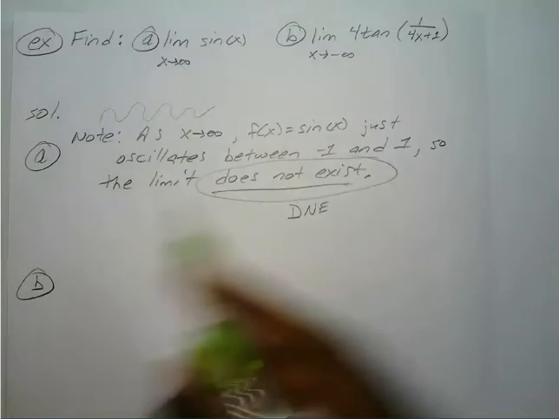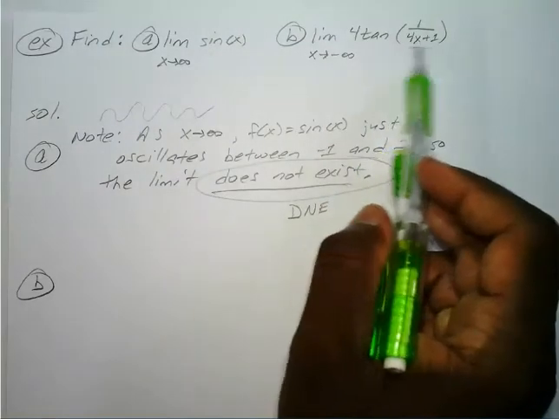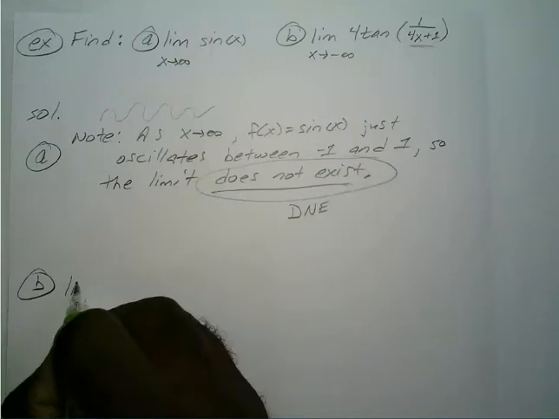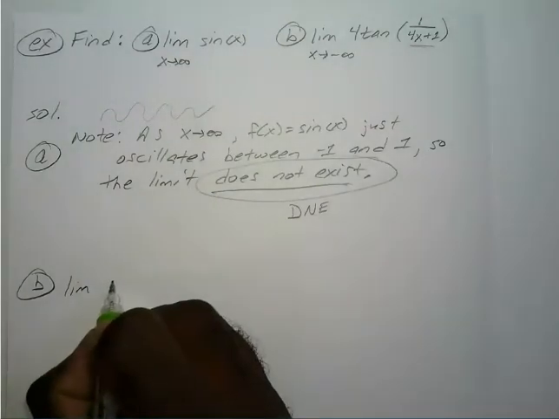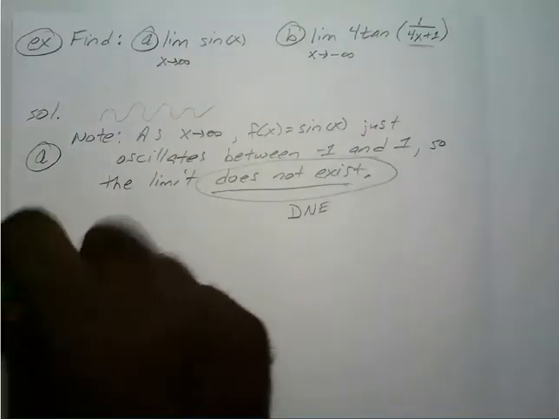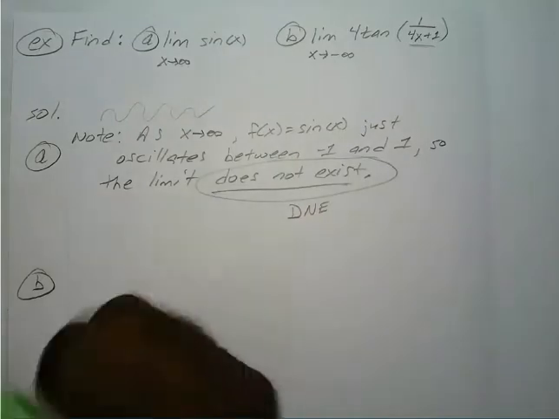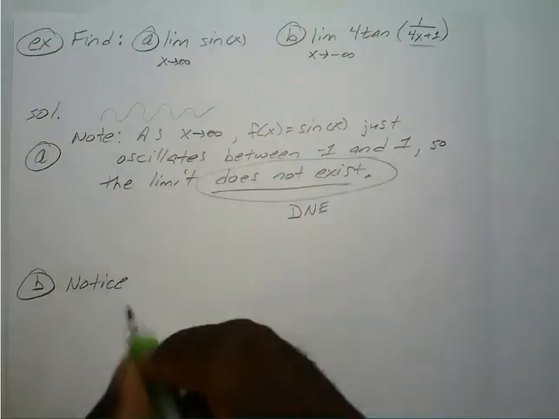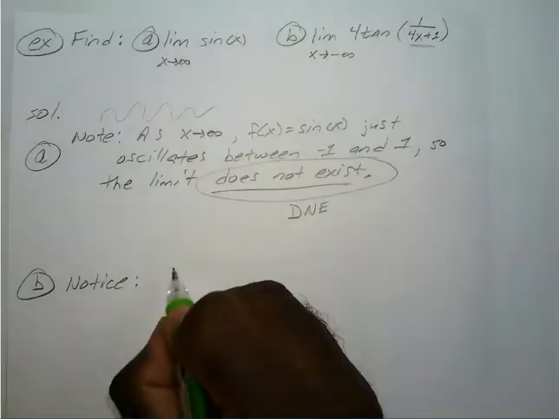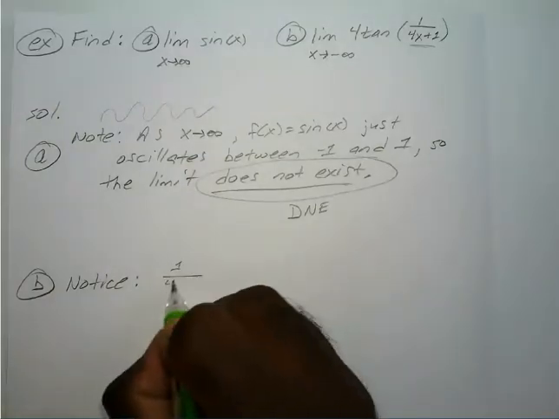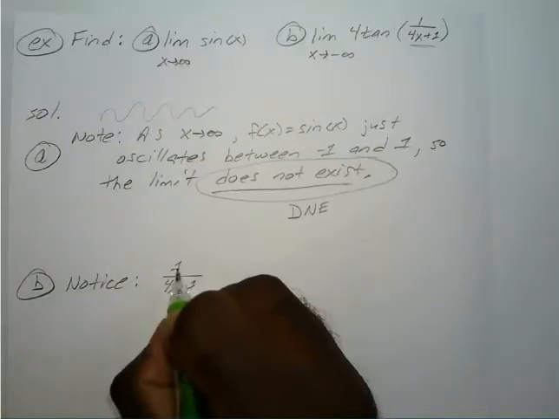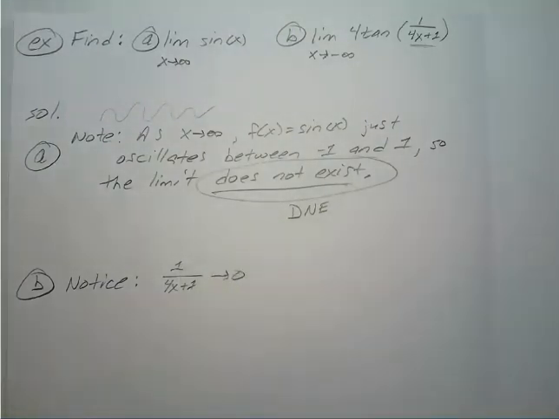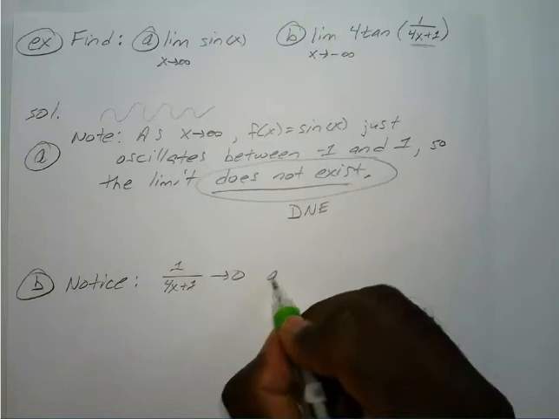Alright, now for problem B, you want to look inside of there first. So you have the limit. Well, actually, before we write down the limit, one thing you want to do is notice that 1 over 4x plus 1 approaches 0 as x approaches negative infinity.